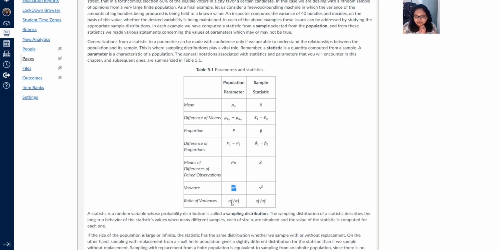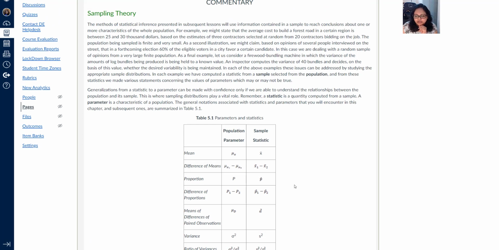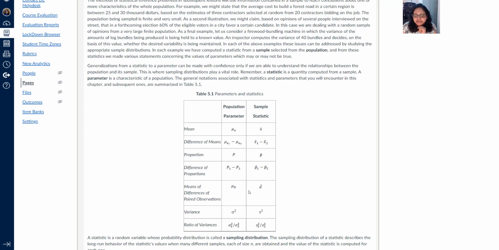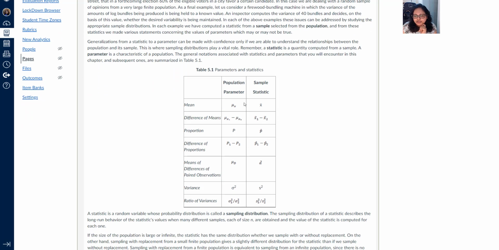We can also talk about the ratio of variances. So I'll show you how the sampling distribution works. Let me give you an example. Then it might be easier for you to go through the sampling distribution process.